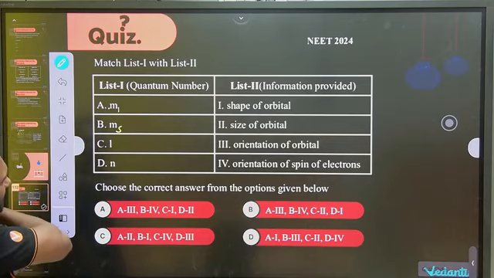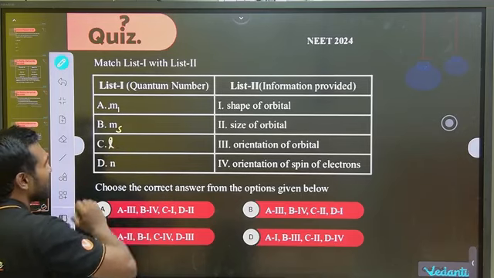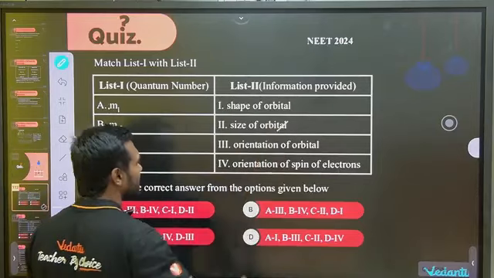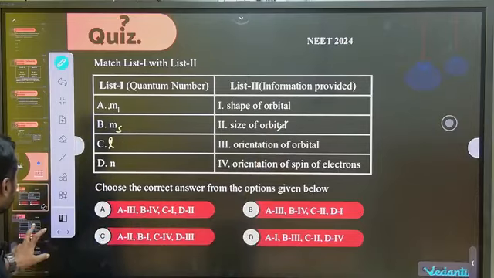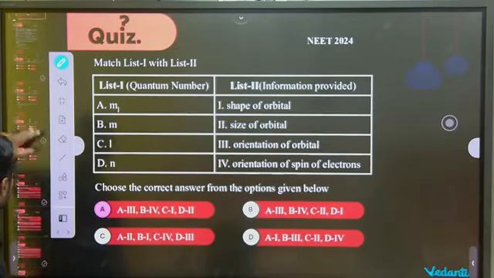And next, C, that is l, is the shape of the orbital. This one is the size of the orbit, it's not orbital, it's orbit. So the answer is the first option.